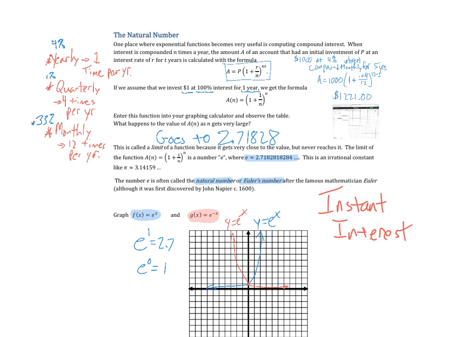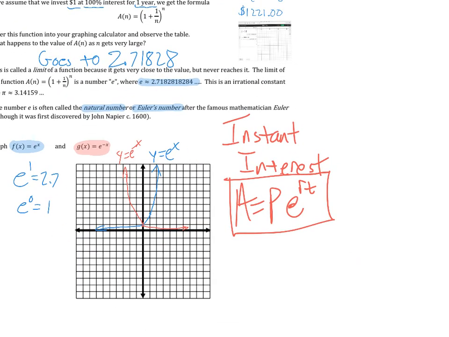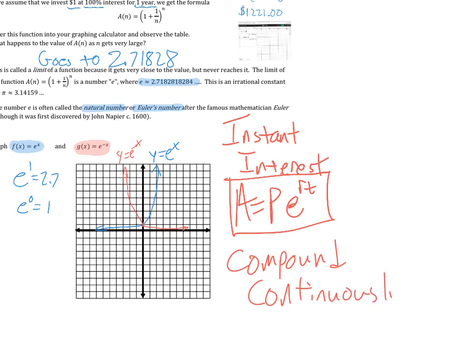That is A equals P e to the rt power, where e is that 2.71828. That's compound continuously, which is a more common term. So that is our formula for compounding continuously, giving interest all the time, every instant.